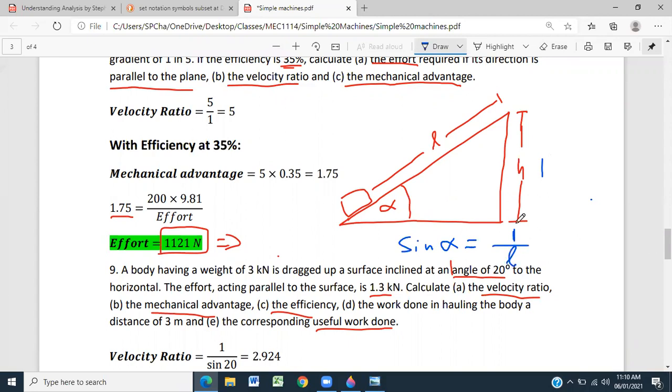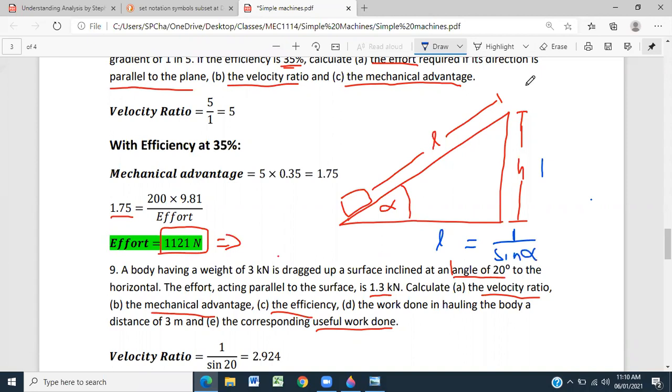Transposing this, we get the length times sine alpha is equal to 1. And then solving for length, we get the length is equal to 1 over sine alpha.